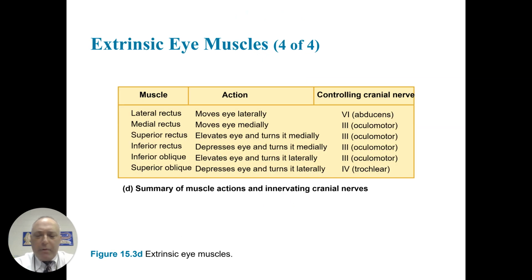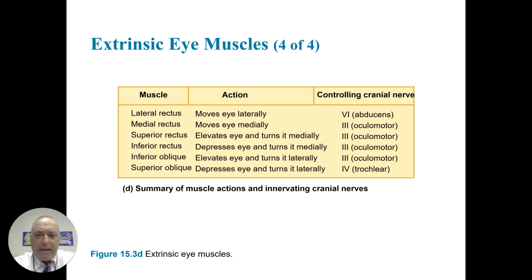And this little table shows the controlling cranial nerve with each muscle. So the oculomotor, or cranial nerve 3, innervates the medial rectus, the superior rectus, the inferior rectus, as well as the inferior oblique. Now the trochlear, or number 4, innervates the superior oblique, and that's it for that one.